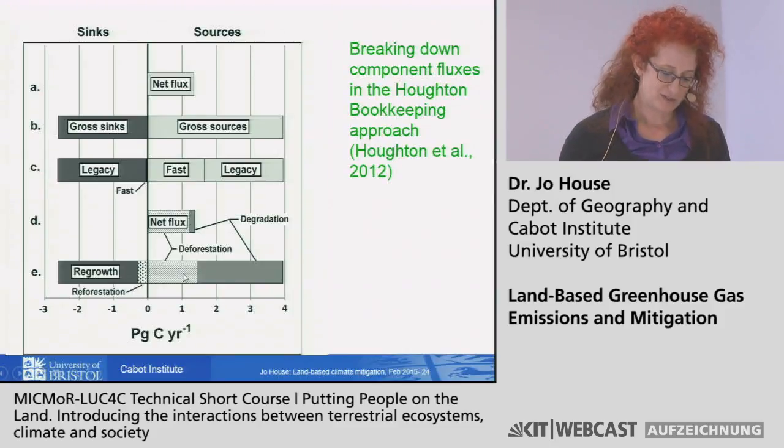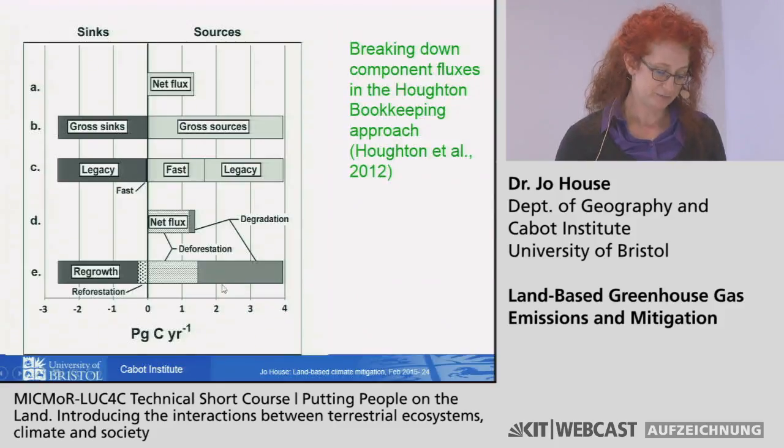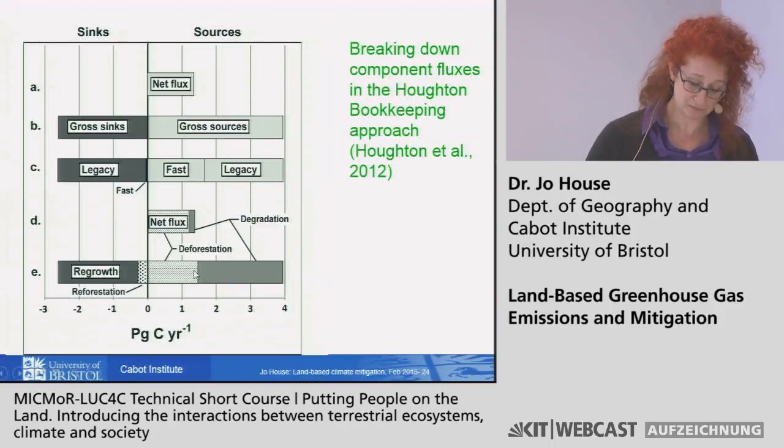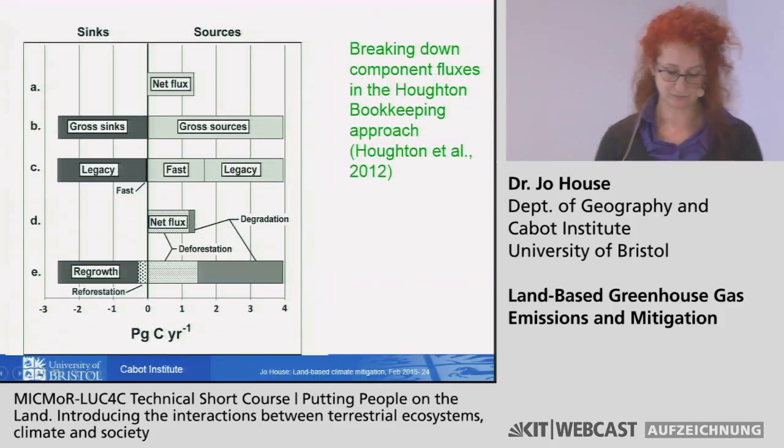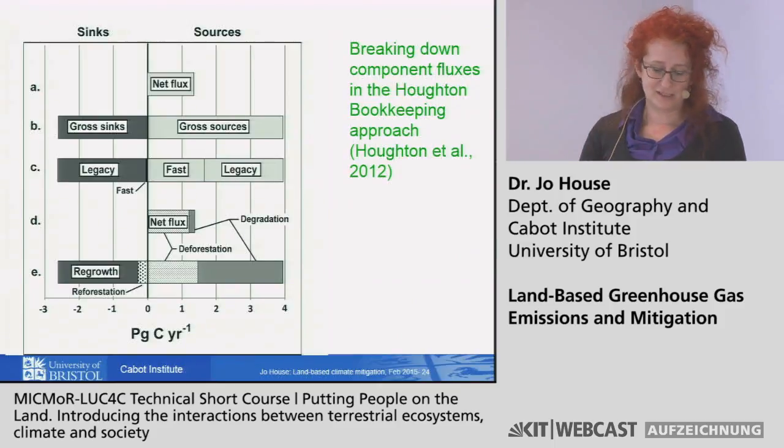And then also you've got deforestation and degradation, and regrowth and reforestation, and other ways of splitting it up into different forest terms, which is more going into what we were talking about with the inventories, to come up with a net flux. That might be a net deforestation flux and a net degradation flux. You've got all these different issues, and not all the methods include all of these different fluxes.